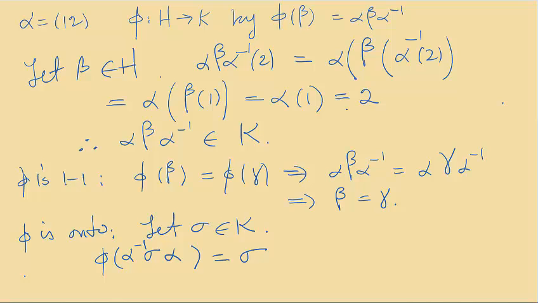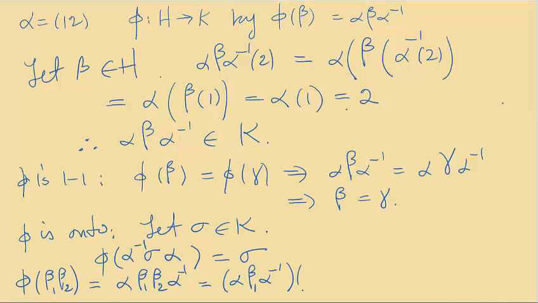Now, to show that phi is operation preserving, we have to take phi of, let's say, beta 1 beta 2, and show that we get phi of beta 1 times phi of beta 2. Well, phi of beta 1 beta 2 is alpha beta 1 beta 2 alpha inverse. But we can stick in the middle an alpha inverse alpha, which is just the identity, and write this as alpha beta 1 alpha inverse times alpha beta 2 alpha inverse.